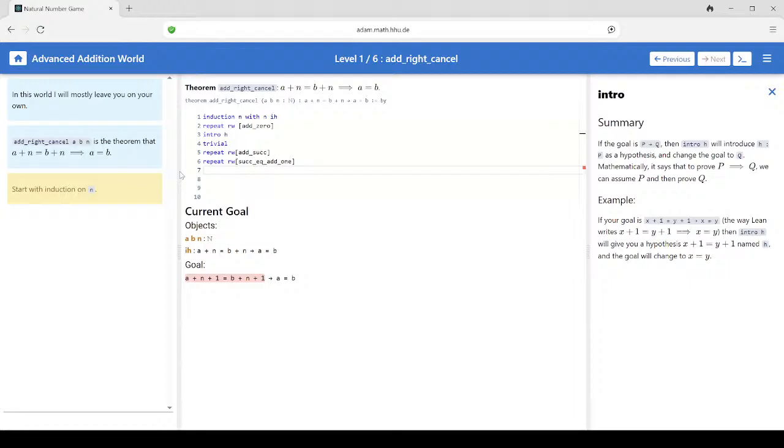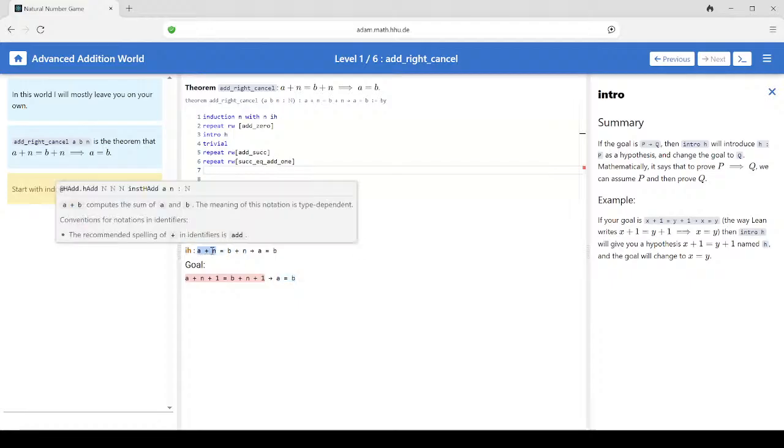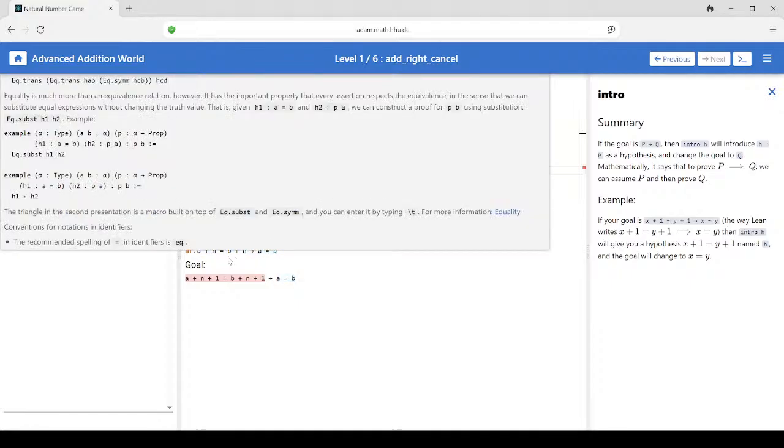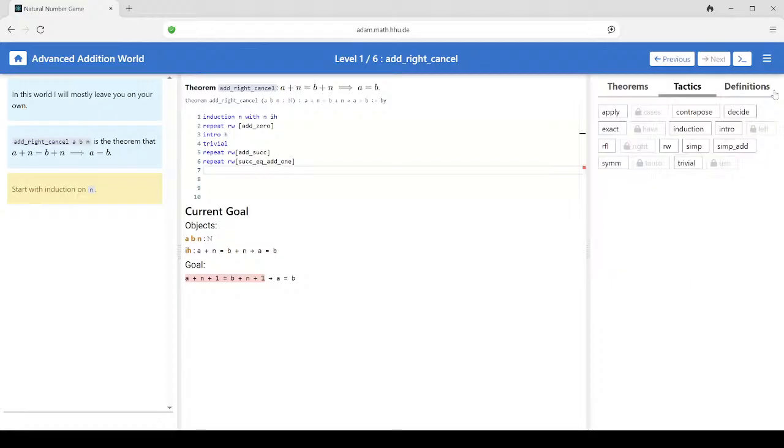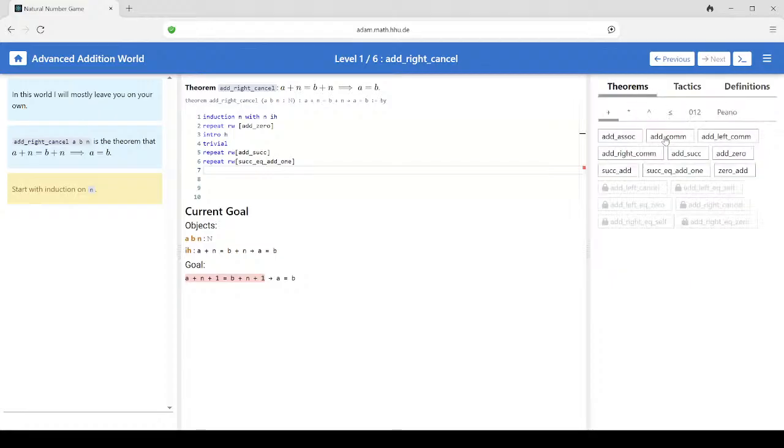Okay, but the question still stands. Is there anything I can do to this hypothesis? If there's nothing I can do to that goal, what can I mess with here? Can I do anything?